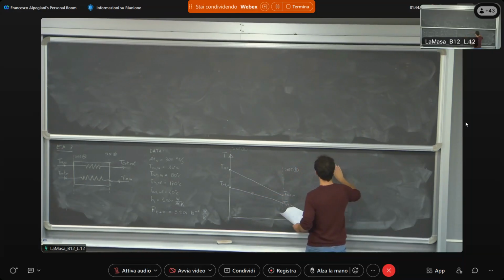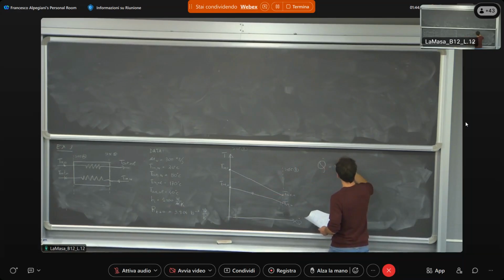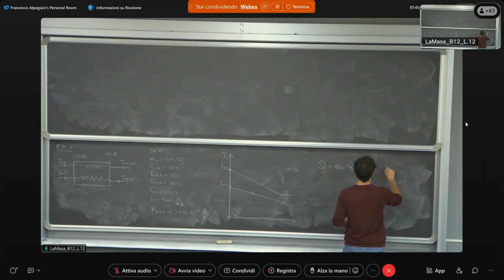So Q dot is equal to m dot of the water times Cp of the water times T out of the water minus T in of the water.